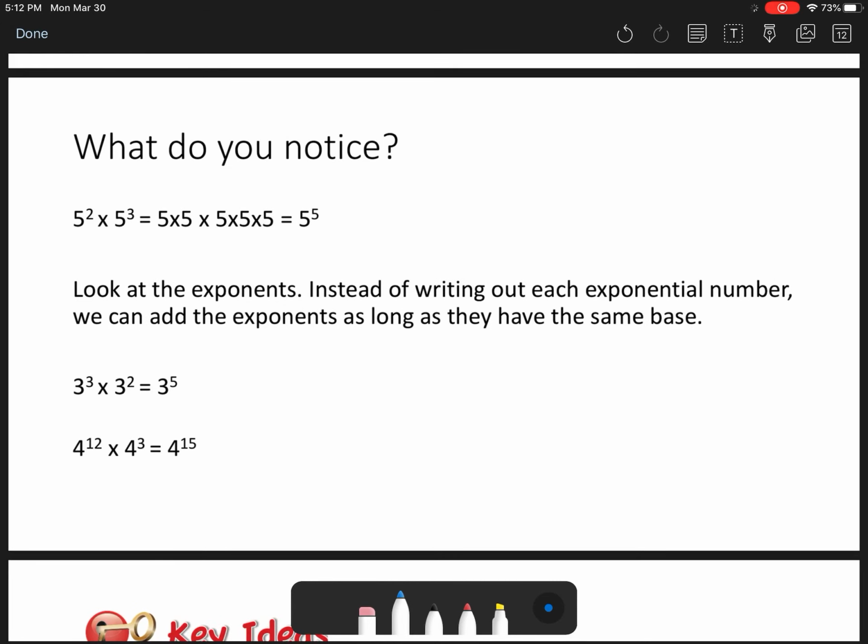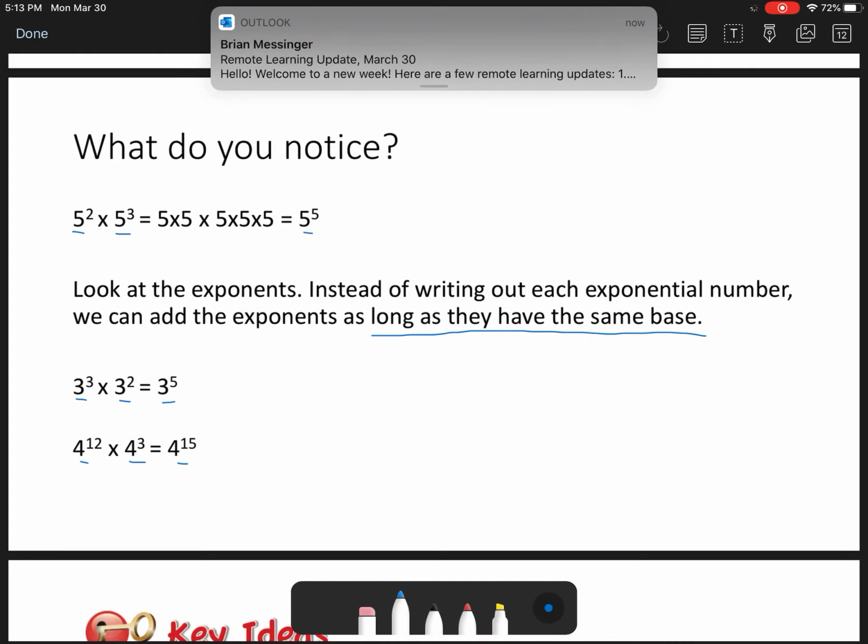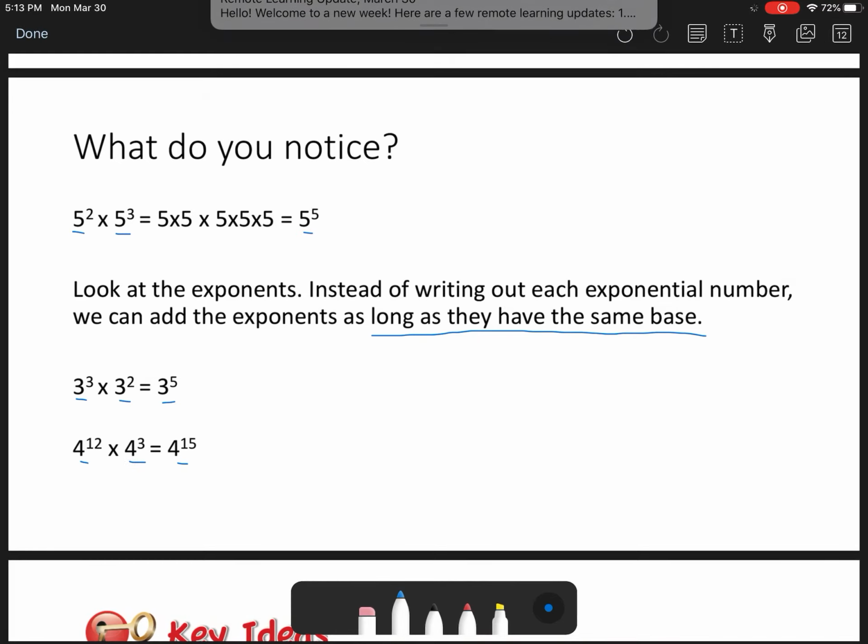Okay, look at the exponents. Instead of writing out each exponential number, we can add the exponents as long as they have the same base. That's the common thread here. As long as you have the common base, you can add exponents of like bases.